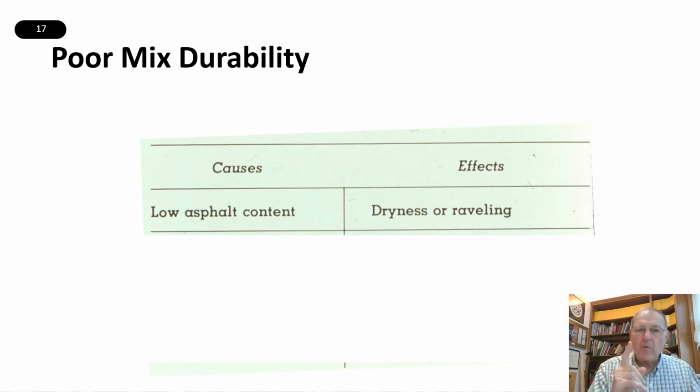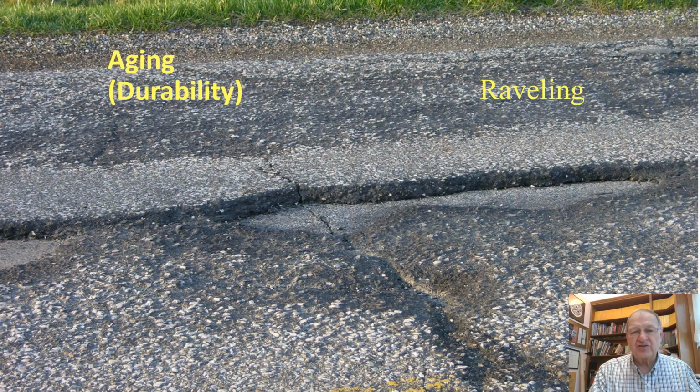Well, the number one thing that will influence durability is low asphalt content. So if we design mixtures that are too dry, they will end up aging more rapidly and they will end up raveling. So this is actually on a county road, a pavement that's perhaps 8 years old.